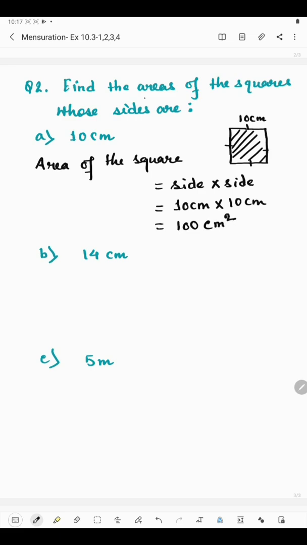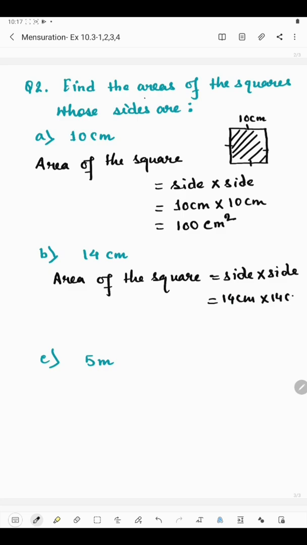Okay. Now coming to B part. In the B part we have 14 centimeter and we will have to find the area of the square, which is side into side. So 14 centimeter into 14 centimeter.